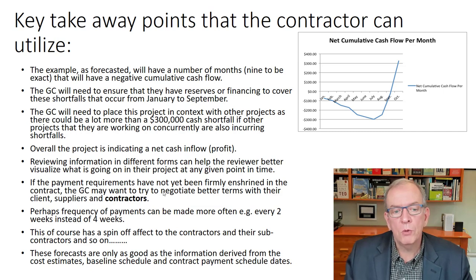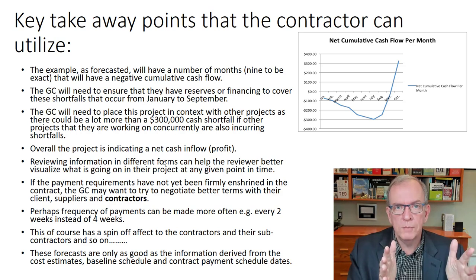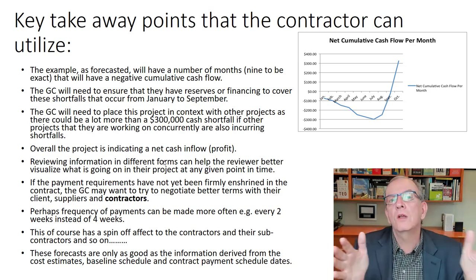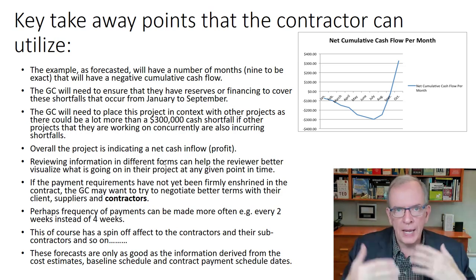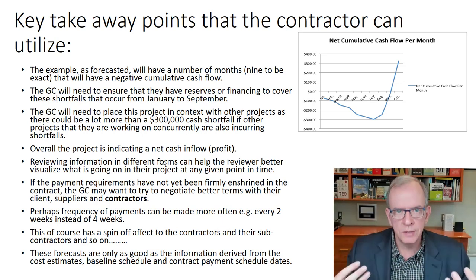So if the payment requirements have not yet been firmly enshrined, the contract's not signed and the schedule of values is not finalized, maybe you could negotiate better terms with the client as far as payments. Often if you shorten the payment periods, you're not waiting as long in between, so that gives you a better chance of paying out to subcontractors and suppliers.